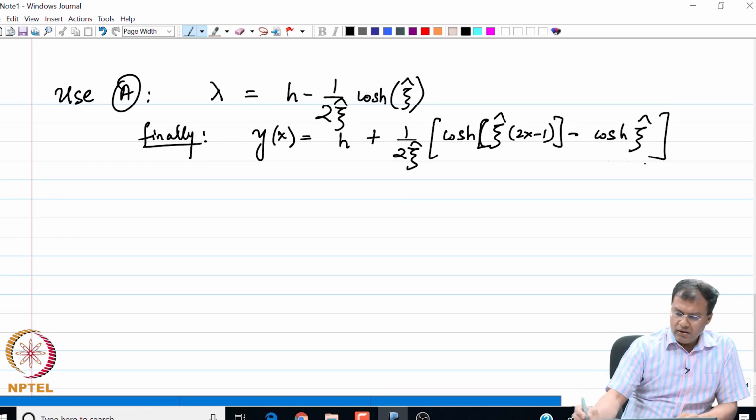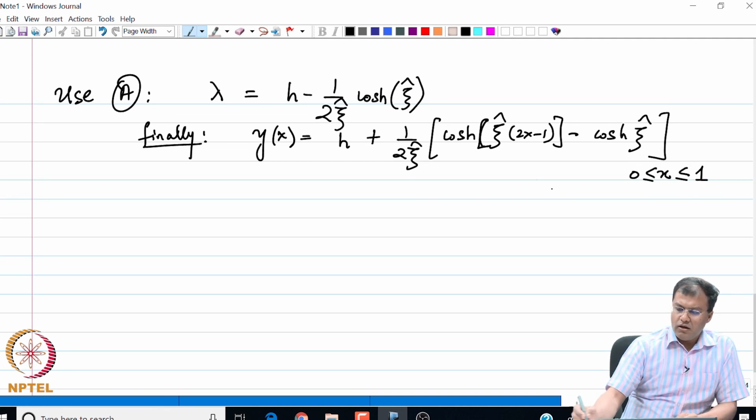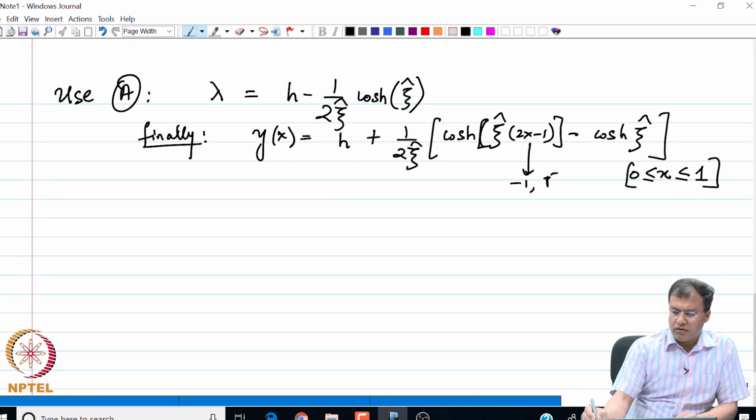So, since my x is between 0 and 1, notice the largest value of this quantity. For x between 0 and 1, this quantity lies between minus 1 and plus 1.